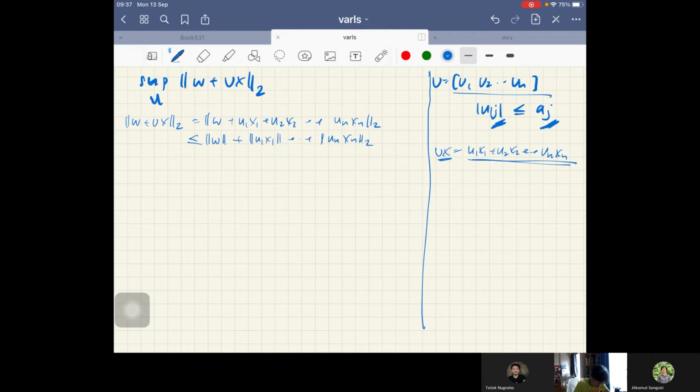Okay, but here in this expression, I would like to note that xk is just a scalar. So it is the two norm of w plus the absolute value of x1 times the two norm of u1. The norm of alpha uk is going to be the absolute value of alpha times the norm of uk. That is the property of a norm. So you have this.